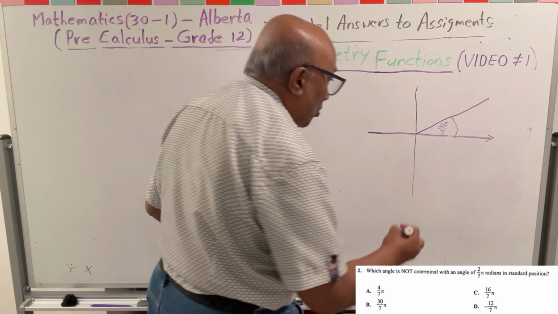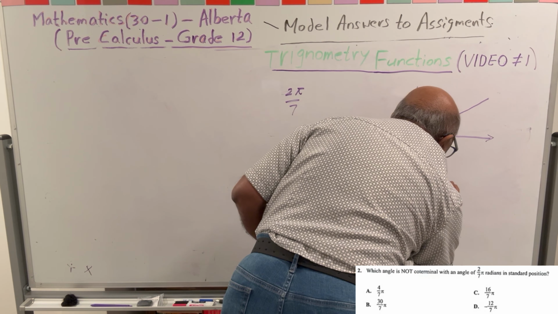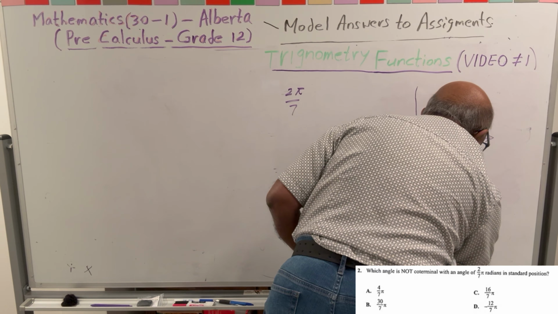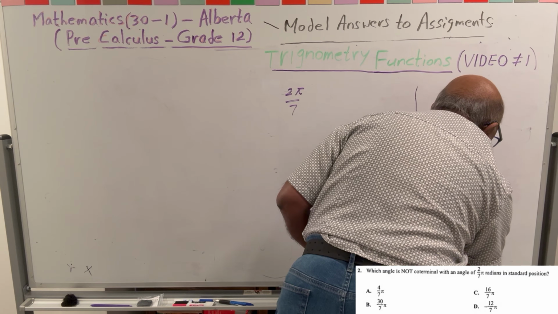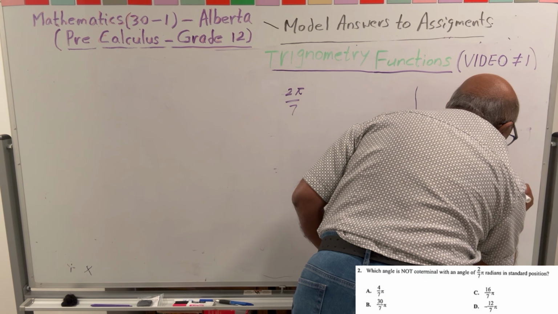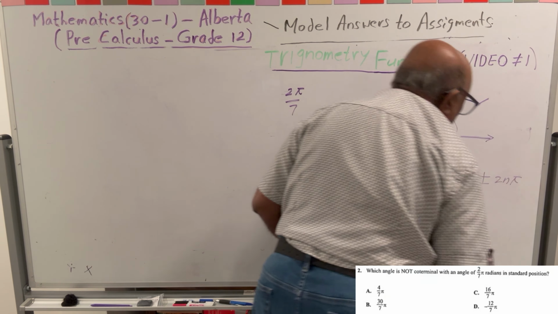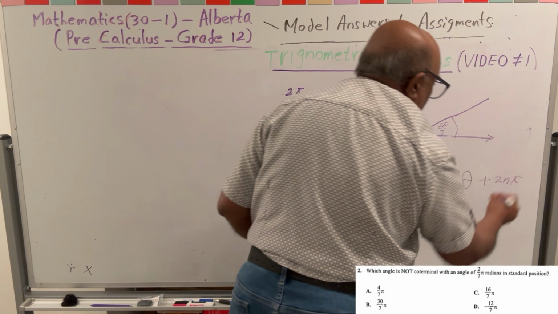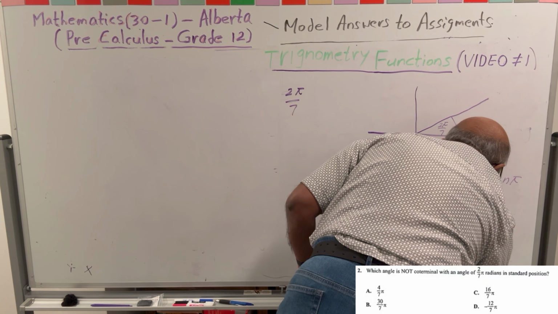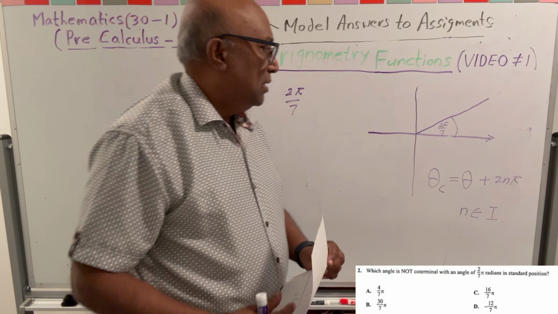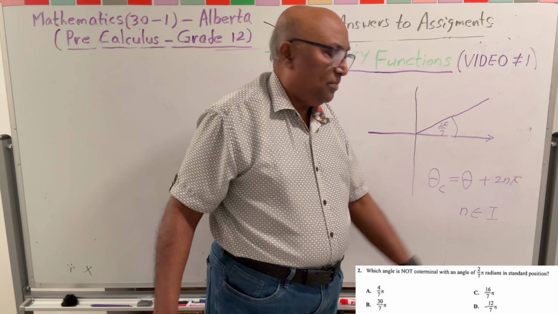Okay, in order to find the coterminal angle, you can use this formula: theta coterminal equals theta in standard position plus or minus 2n pi. Otherwise, you can simply say plus 2n pi. What is n? n is any integer, positive or negative.